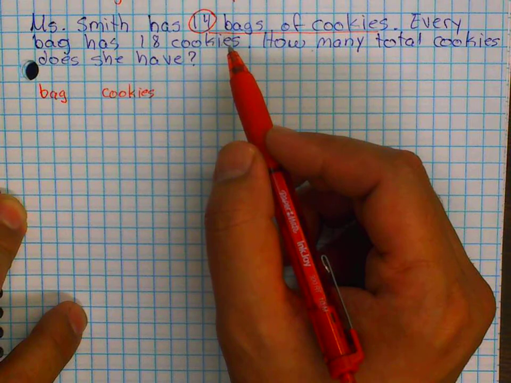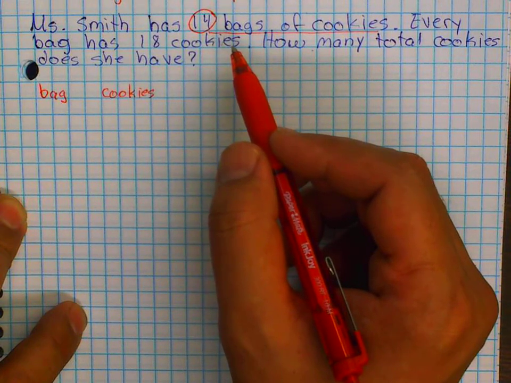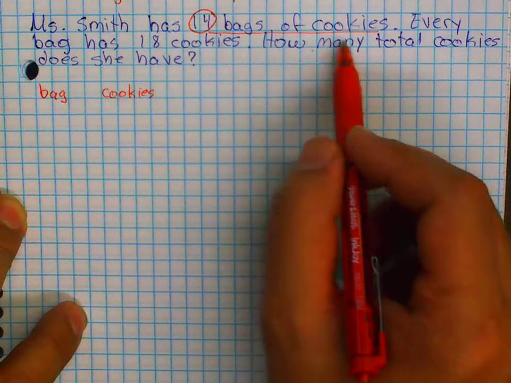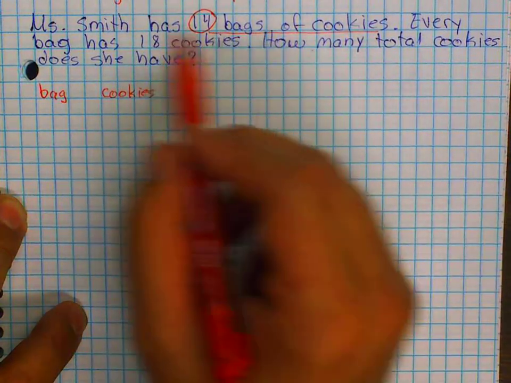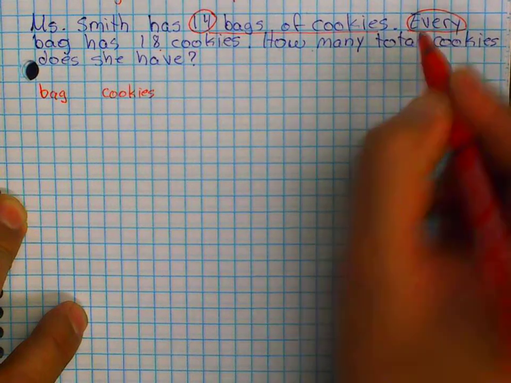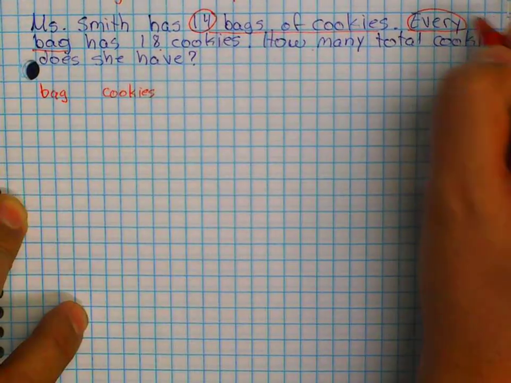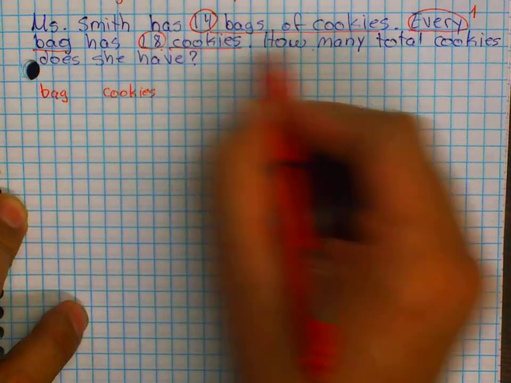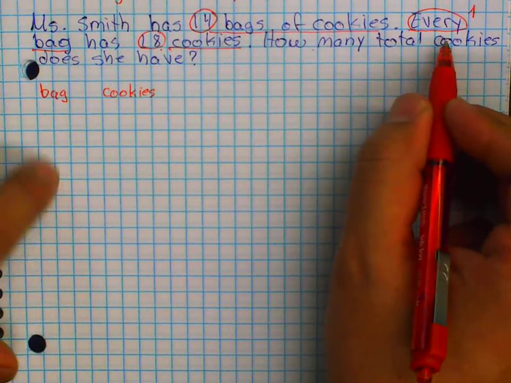Every bag has 18 cookies. Look at that, every bag. What does that every bag mean? That means that one bag has 18 cookies. That's exactly the way I'm going to write it in my information: one bag has 18 cookies.